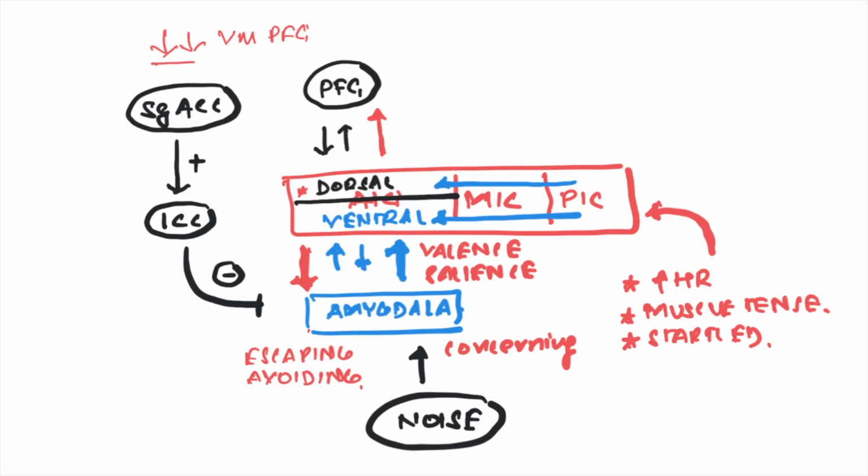So at this time, I just want the audience to remember that there is a decreased activation of the ventromedial prefrontal cortex in patients with PTSD. So there is a loss of the top-down control, right? That basically means that there is no cognitive reappraisal happening.